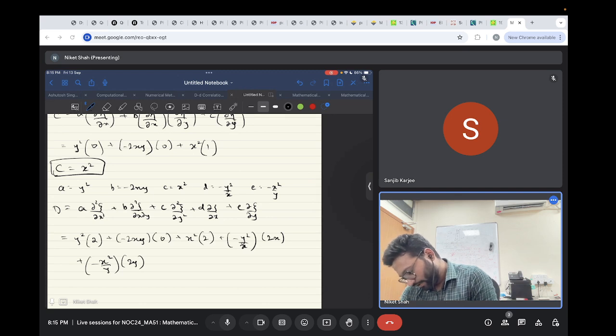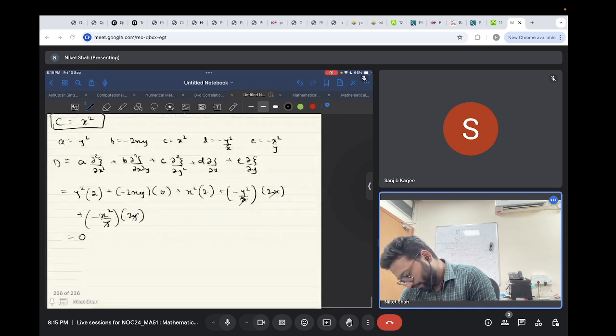So there is 2y square, 2x square, minus 2x gets cancelled, y gets cancelled, minus 2x square minus 2y square. This is equal to 0.